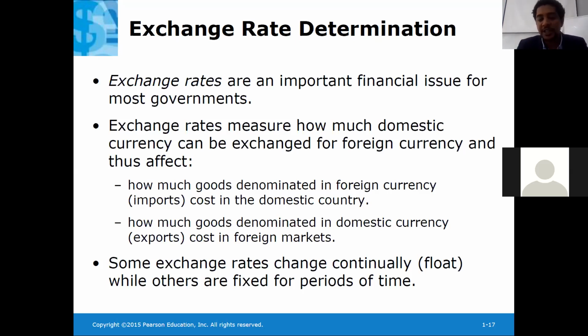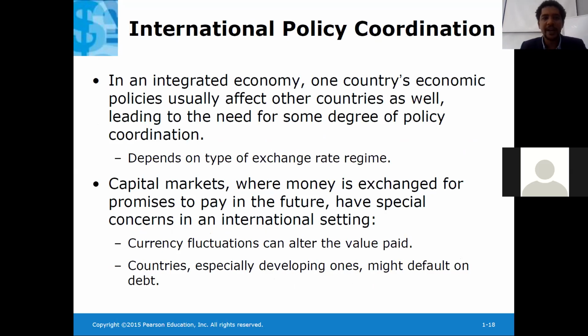So some exchange rates change continually. That is when you have floating exchange rate determination. Then others might have fixed exchange rate determination, which is fixed for some time, okay? And the other term here is international policy coordination. As I've said, a country cannot just fix the exchange rate by itself, okay?